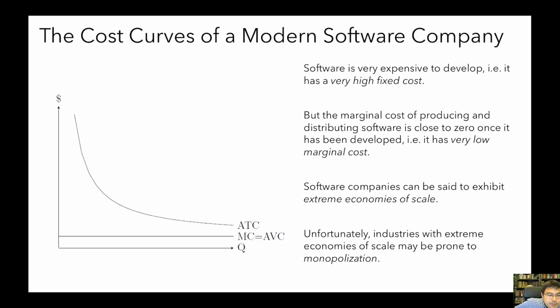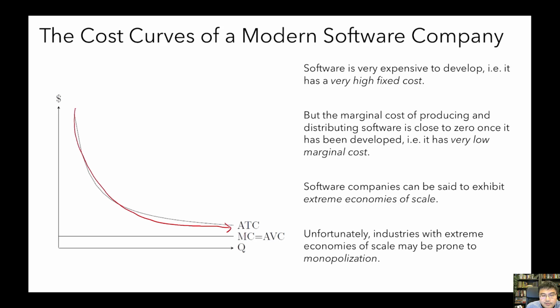And so software and media companies can be said to exhibit extreme economies of scale. And what that means is their average total cost curve is basically declining everywhere, even when the firm gets very large. And so when an industry has these extreme economies of scale, there's almost no limit to how large the firm can get.